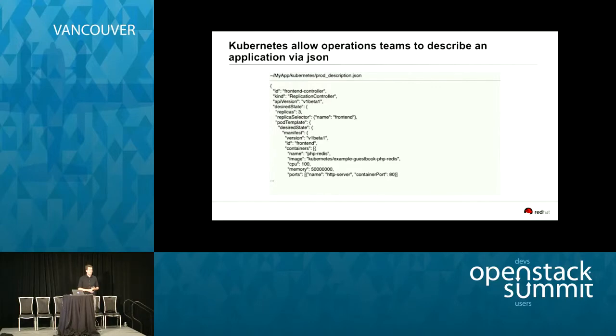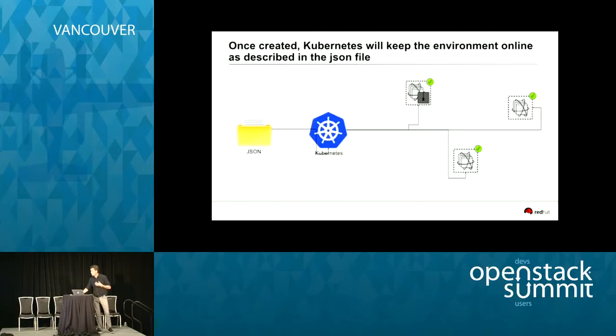And I'm stating, hey, I want at least 3 running. I want to use the PHP redis container. And I can define the resource limitations on this container: CPU, memory, and the port that it'll listen on. And then Kubernetes will take that as the input and make that happen. So it'll build out that environment. In this case, it went out and created 3 containers.